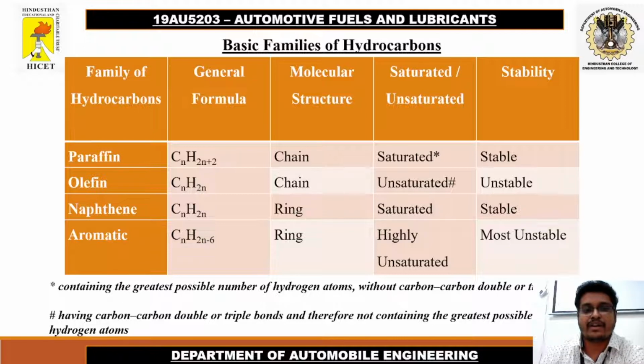This type of aromatic component can be used as a polar solvent. An example is benzene. The benzene molecule has a molecular formula of C6H6, and it has a ring structure. The basic difference between naphthalene and aromatic is the general formula and the saturation level, but both have the same ring structure.